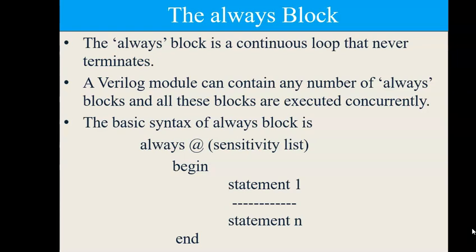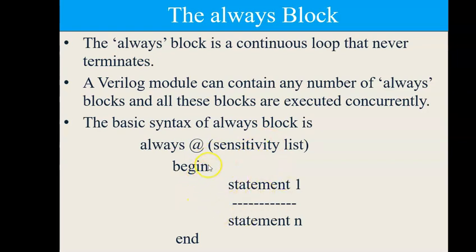So let us see the syntax. The basic syntax of the always block is always, remember, this is the most important thing, always @ sensitivity list. Sometimes people also call it an expression. Whenever the variables mentioned in this sensitivity list change, only then does this process start.